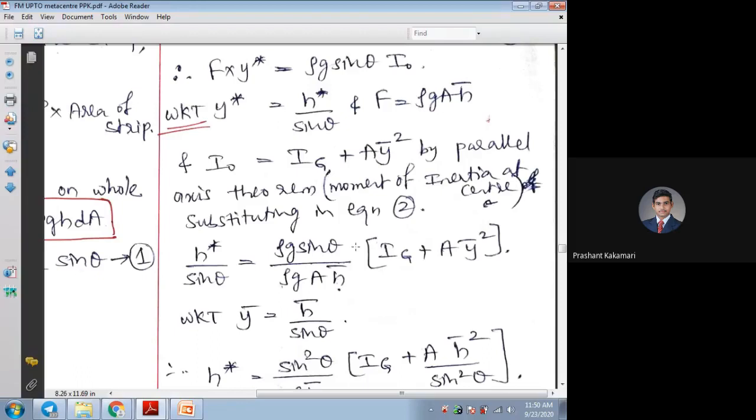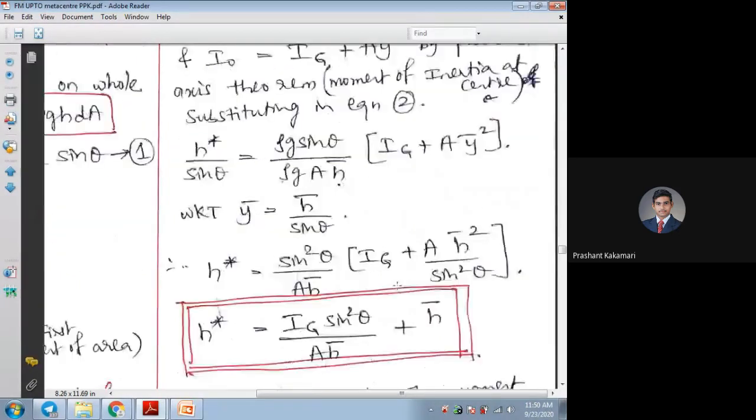And also we know that the moment of inertia from the parallel axis theorem can be written as Ig, which is the moment of inertia about the center of gravity, plus the area of the given plate into distance square. At the center of gravity point, I can write it as the sum of Ig plus the product of area into distance square.